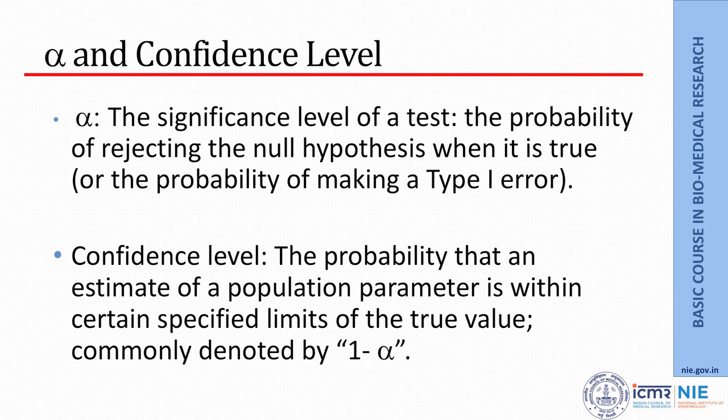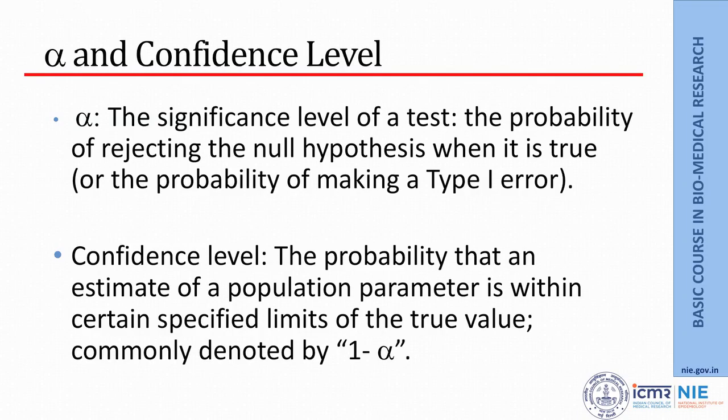I am going to introduce you now to some concepts which are essential to understand the computation of sample size. The first one is the alpha, or the type 1 error, the significance level of a test. What do you mean by that?